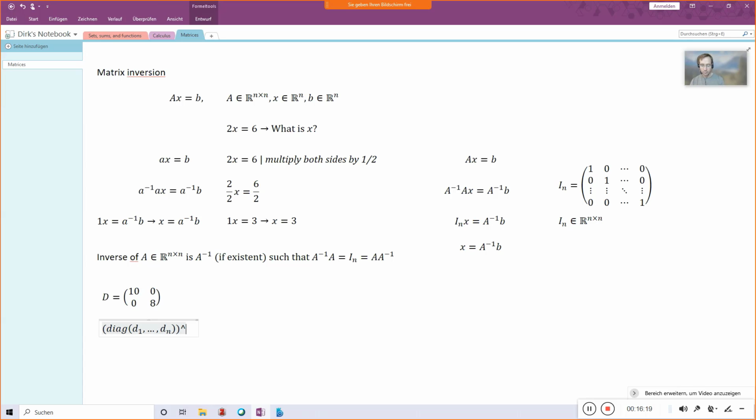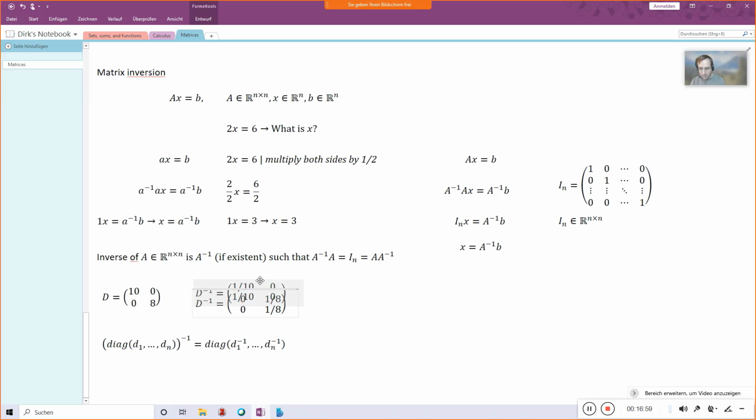The inverse of such a matrix in general is the diagonal matrix that has on its main diagonal the inverses of the diagonal elements. So in this case D^-1 would be 1/10 and 1/8.